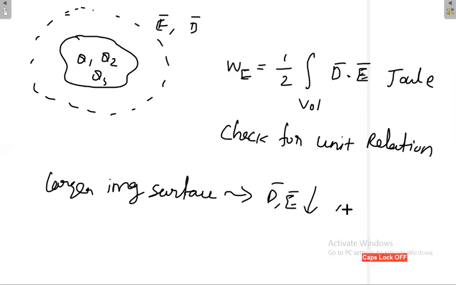But the volume will increase. That means the energy finally depends on the values of the charges. It is independent of the volume you are taking.